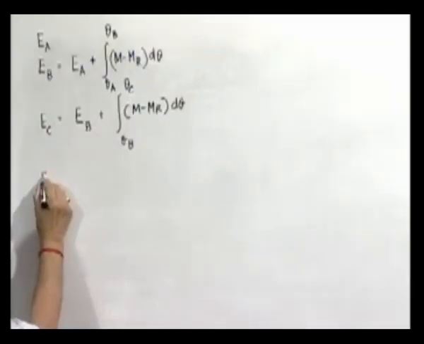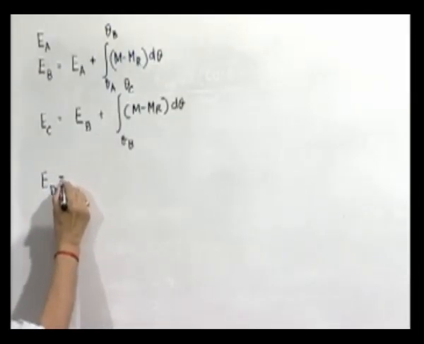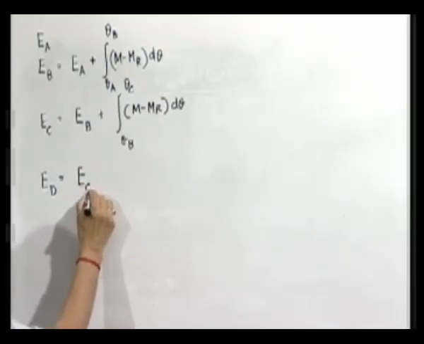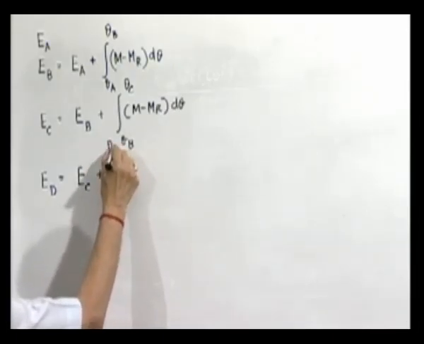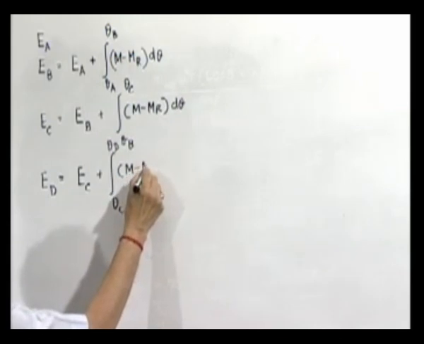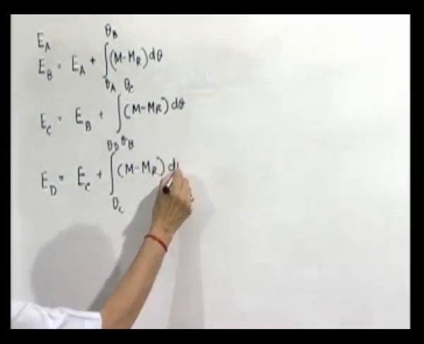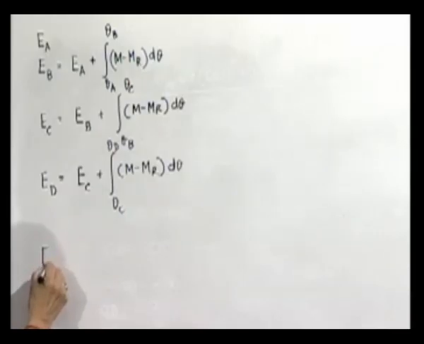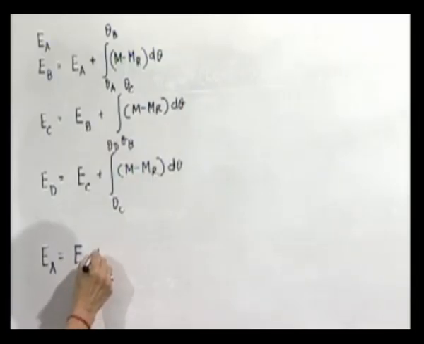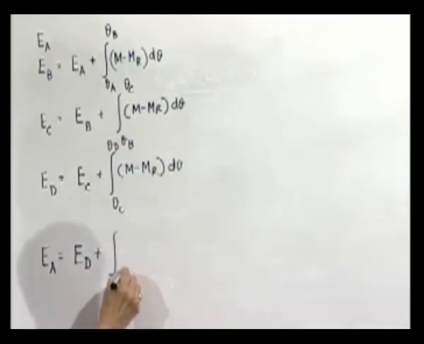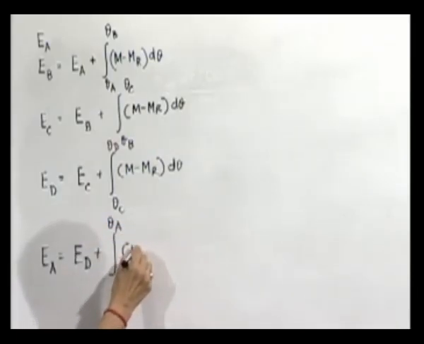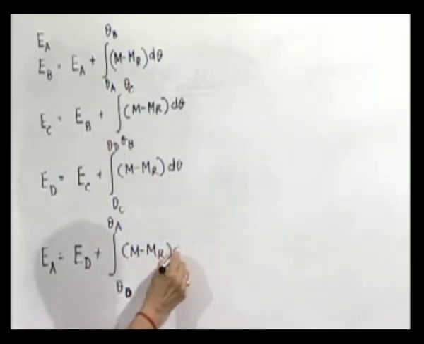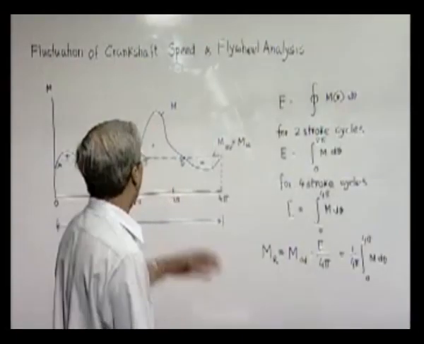Similarly, at point D, the energy E_D is the energy at point C plus the next integral, and we then finally come back to A. So this is just an example.